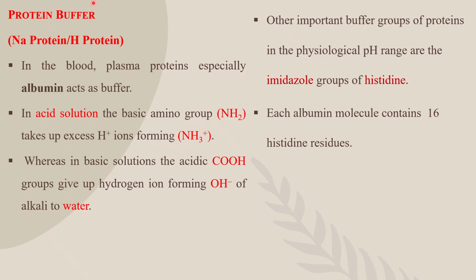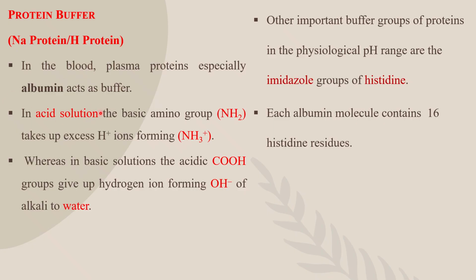Now, protein buffers, how do they work? Like the sodium protein and hydrogen protein system. In the blood, the plasma proteins, especially albumin, act as a buffer. Albumin consists of many amino acids, and the buffering capacity of albumin is because of its constituent amino acids.